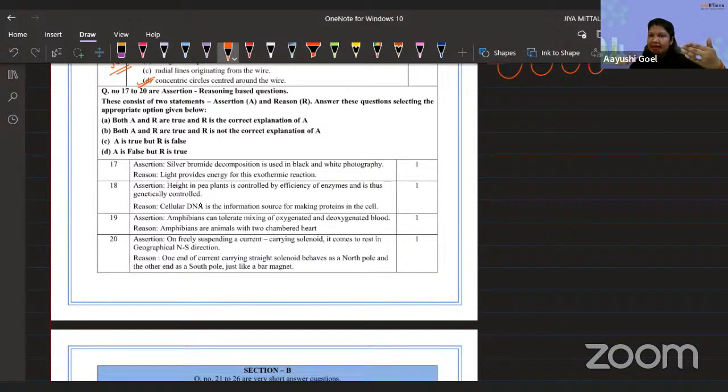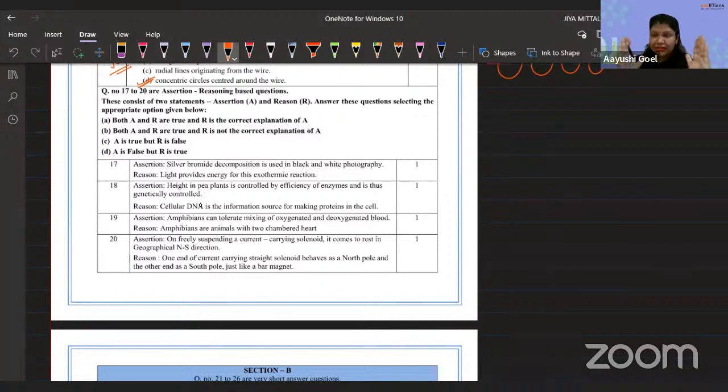If A is correct and R is the correct reason for A, then we go with option A. If A is correct and R is also correct, but not the correct explanation, then we have B. If A is true, R is false, C. If A is false, R is true, then we go with option D.